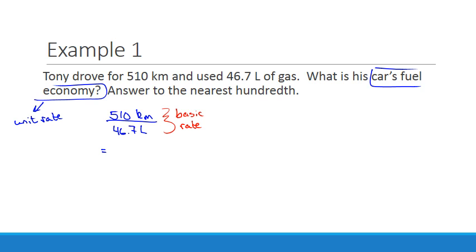This one, there won't be anything common. So what I can just simply do is divide top by bottom, and I'd get 10.92 kilometers for every 1 liter. So then I'd express that as 10.92 kilometers per liter. And again, if you wanted to express that as liters per kilometer, so how many liters would be used in every 1 kilometer, you absolutely could, and that would be valid as well.